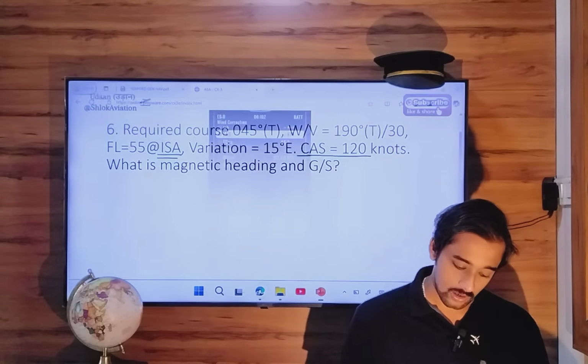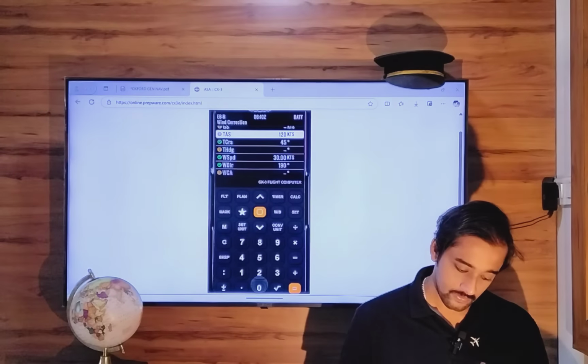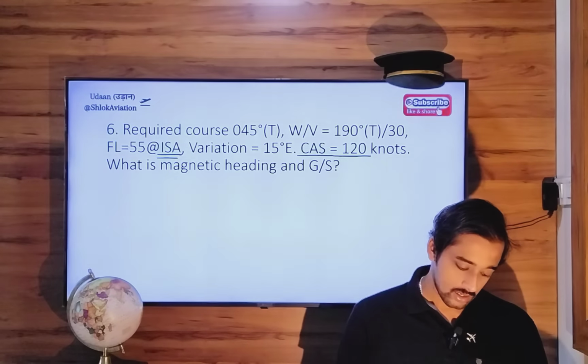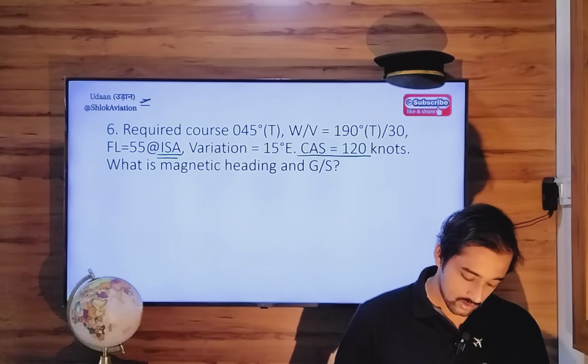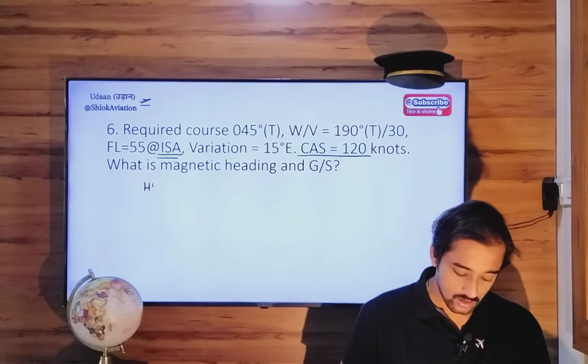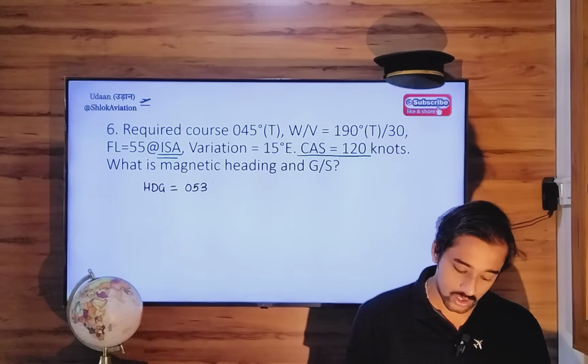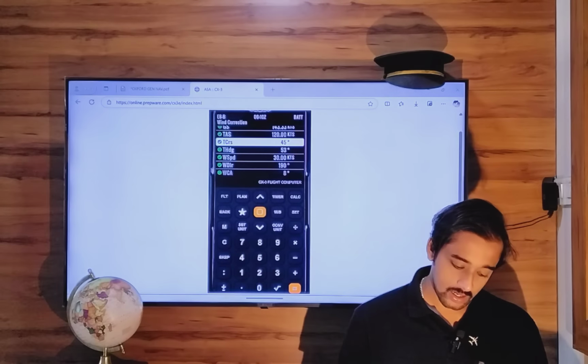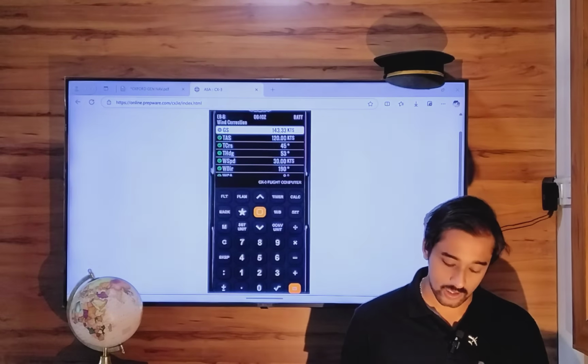So 120 knots, put 120 there. So now you have a true heading of 053 true. Next, a ground speed of 143 knots.